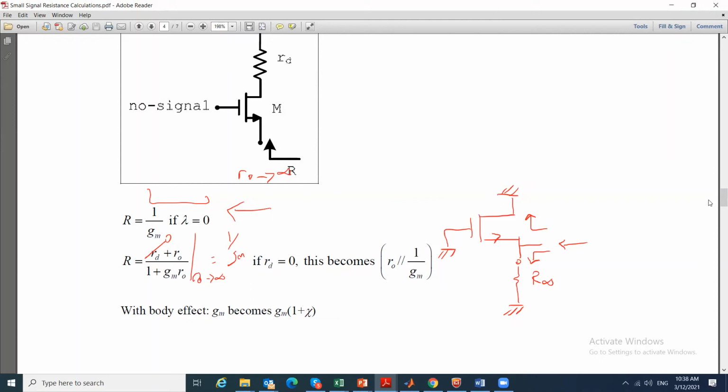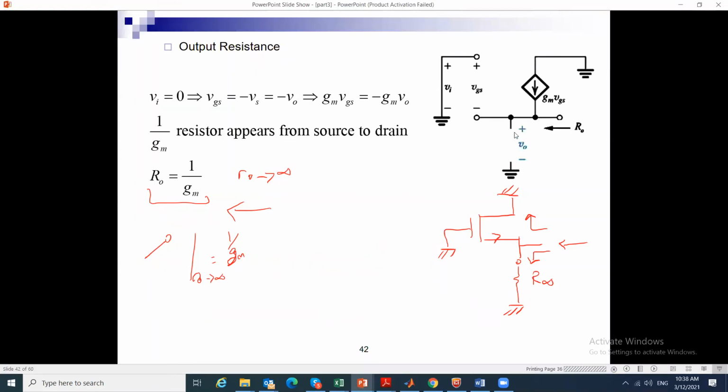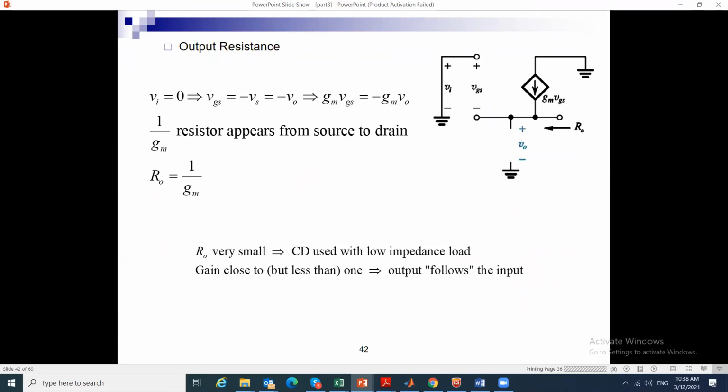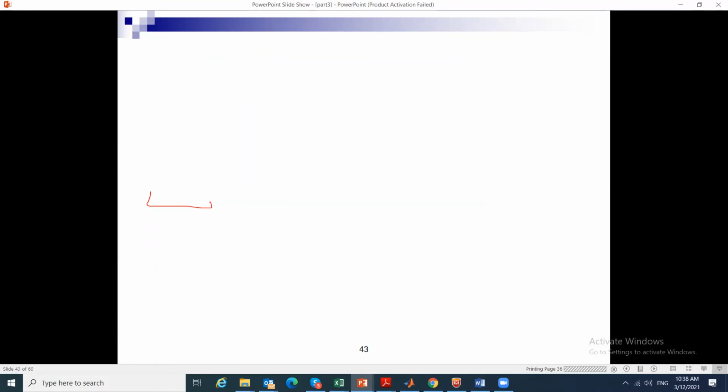This is really what he is deriving for me on this slide. I don't have anything here at RS, so we remove it. So this is 1 over gm, and we can always go back to the resistor sheet and the transistor schematic to derive them. The output resistance for this circuit is very small, and this is why most of the gain gets transferred to the output, to the load.